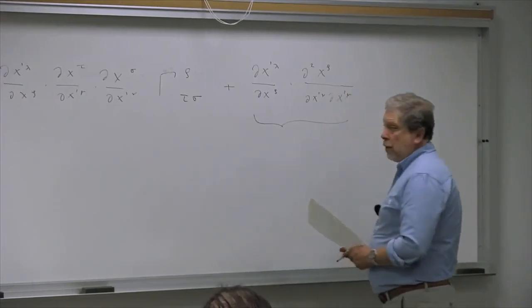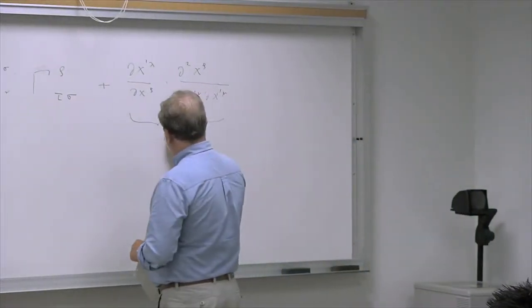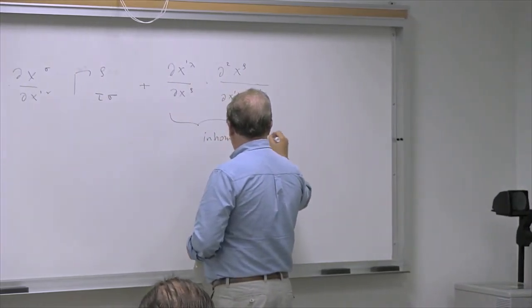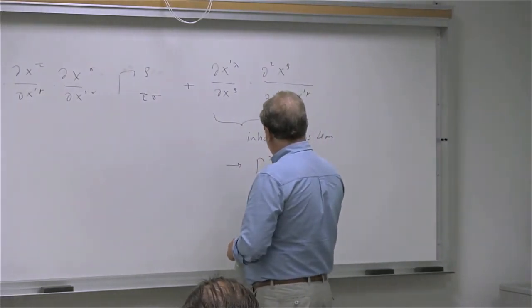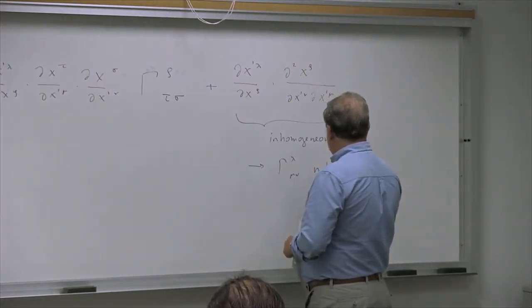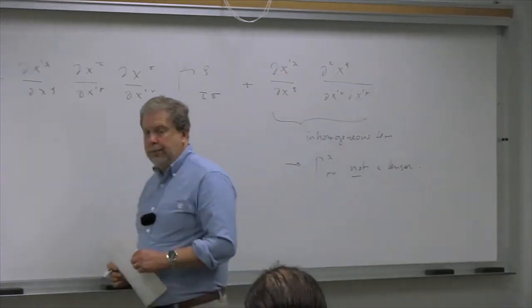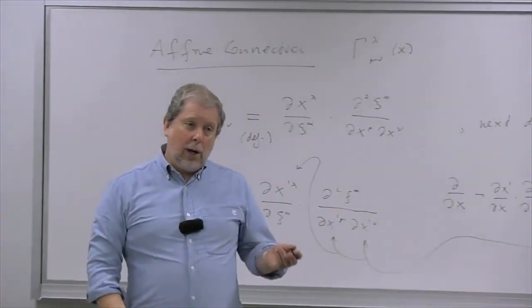So the presence of this term, which is not proportional to Gamma, this inhomogeneous term, implies that Gamma^lambda_{mu nu} is not a tensor. It's not a tensor. So there are things that look like tensors, right?